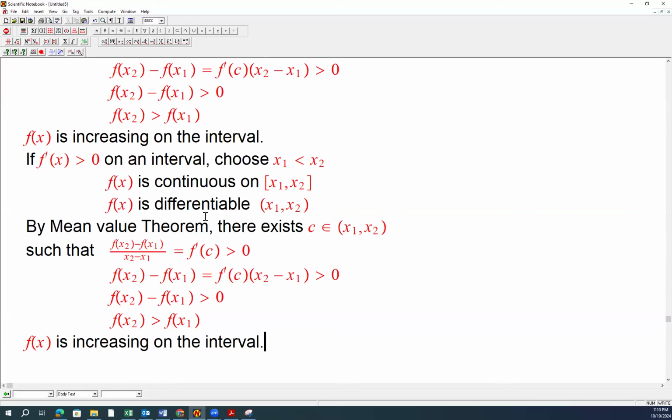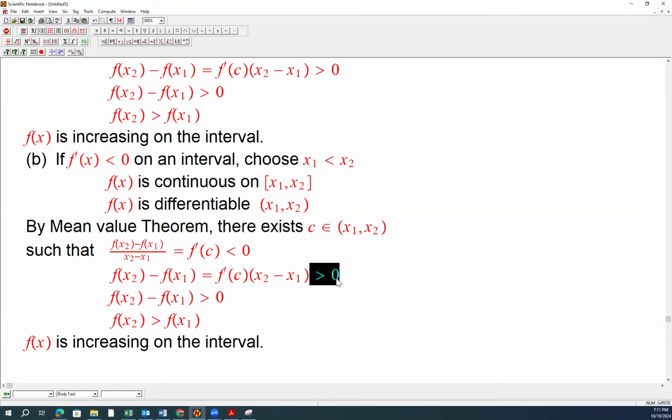So for the case of B, the derivative is less than 0. We also choose x1 less than x2, and f is continuous and differentiable. By the mean value theorem, there exists C such that, but this time it is going to be less than 0.